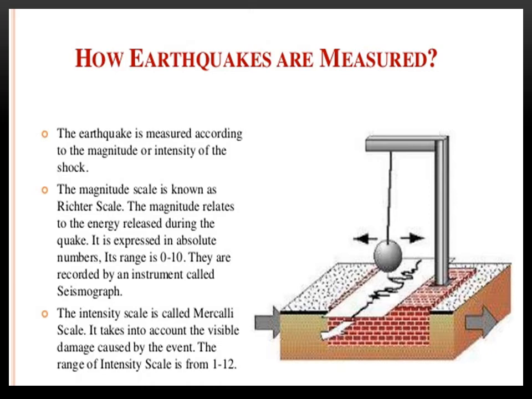On a 6, poorly built buildings may collapse, considerable damage. On a 7, many buildings collapse, bridges collapse, serious damage. And on a Richter scale 8 to 10, most buildings collapse and there is tremendous damage. So that's how we can measure the earthquake.